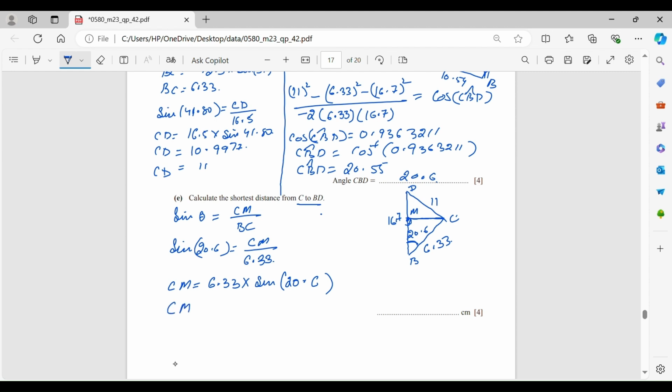So CM will be approximately equal to 2.27157. So in 3SF, CM will be equal to 2.23. So our answer is 2.23 centimeter.